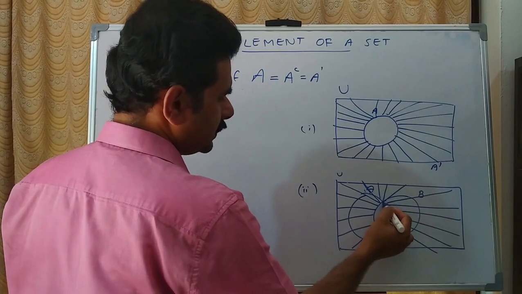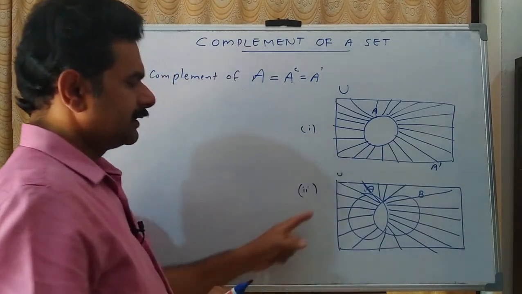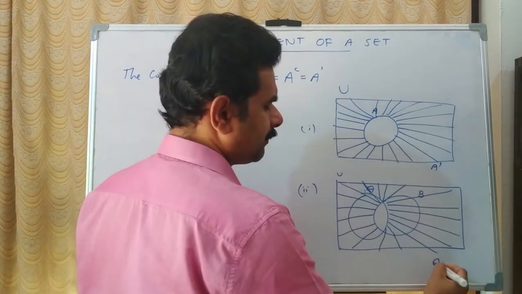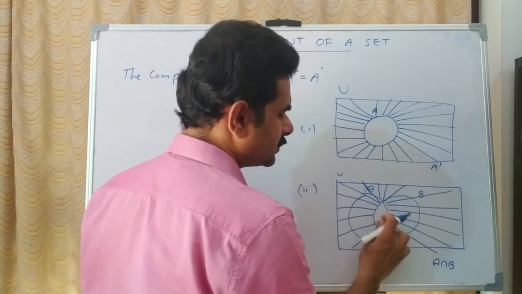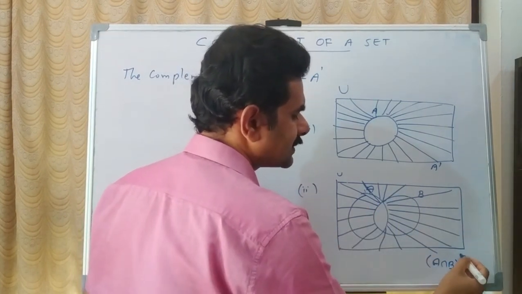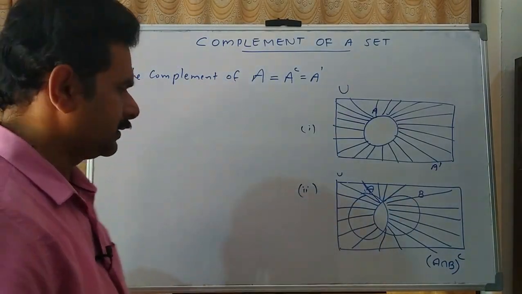Just this part is avoided and all other parts are shaded. Then this shaded region will represent what? A intersection B is this one and its other part. So this is A intersection B complement.